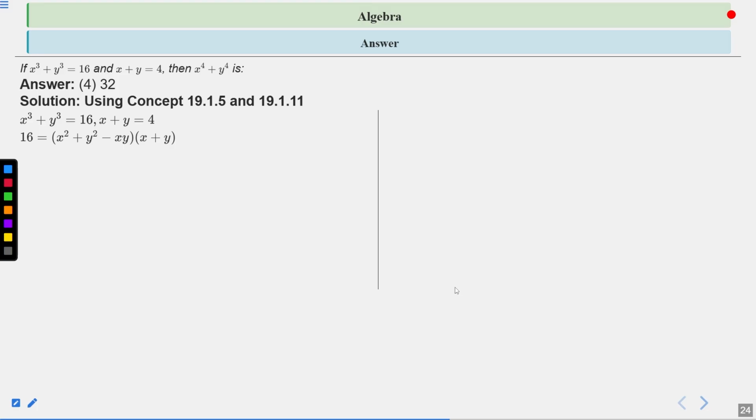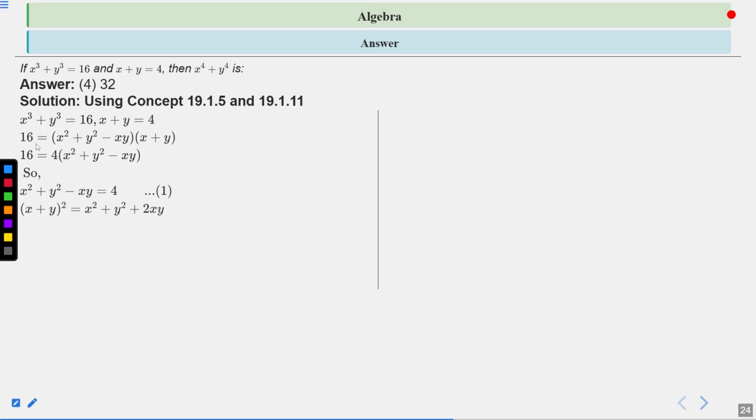We put the value of x + y, which is 4. Now we get 16 equals 4 times (x² + y² − xy). Now 4 cancels out 16, 4 times. So we get 4 equals x² + y² − xy. So the value of x² + y² − xy is equal to 4. This is our equation first.